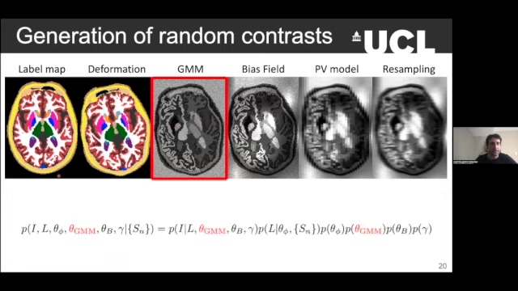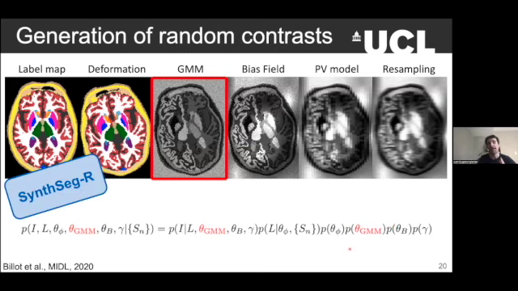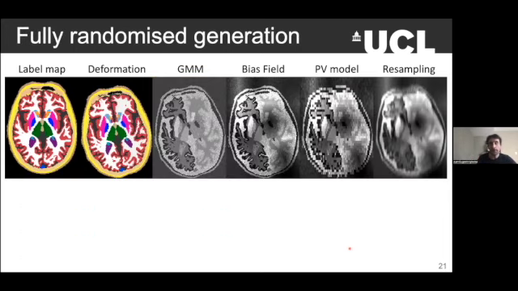And the equations are exactly the same, except for the fact that now you have these Gaussian mixture parameters that are sampled from a distribution. We call this Synth R because it's specific to resolution in this case. And then we have the full Synth model, where we randomize everything.